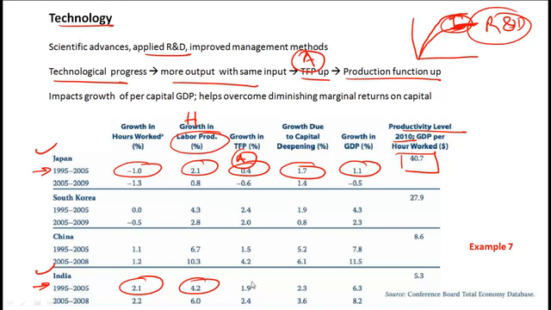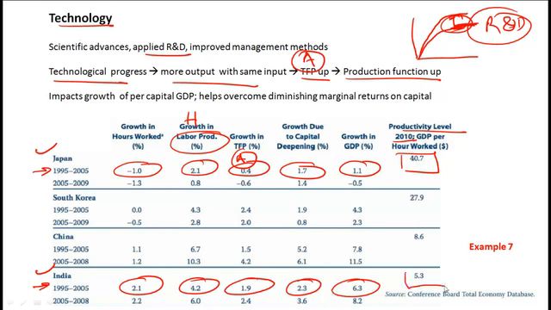Growth in total factor productivity, the level of technology, went up by 1.9%. The growth due to capital deepening, so the growth because of more capital per worker, was 2.3%, and all this contributed to an overall growth in GDP of 6.3%.